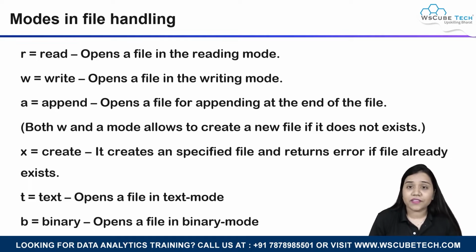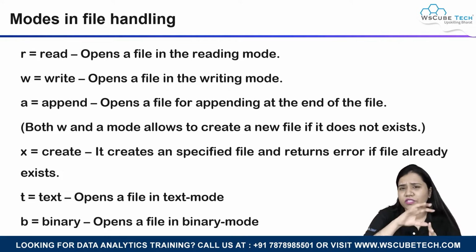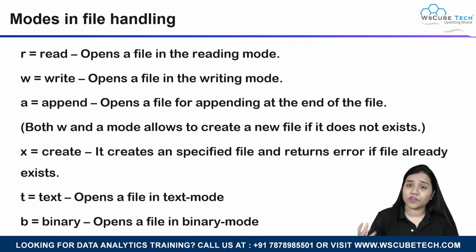Next is the append method. Append allows us to add data to the file. In the write method, if we have a file in which some data is already written and we use write to write something, it will erase the previous data and write the new data inside the file.